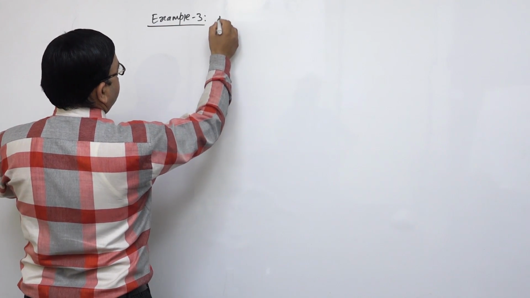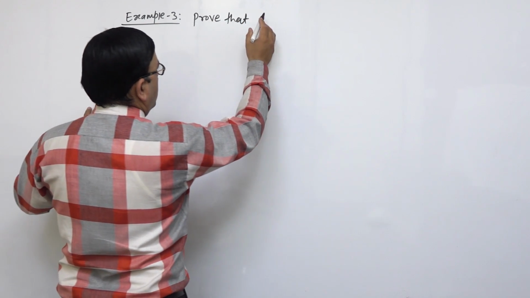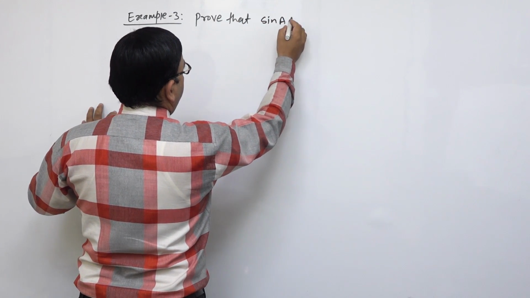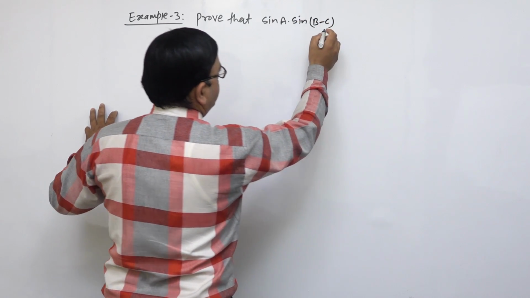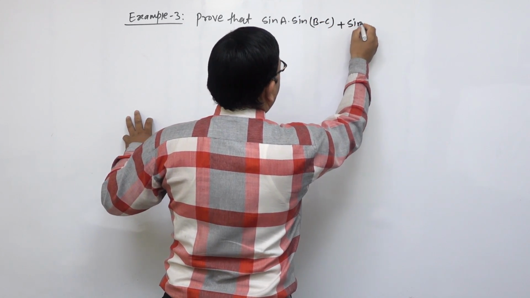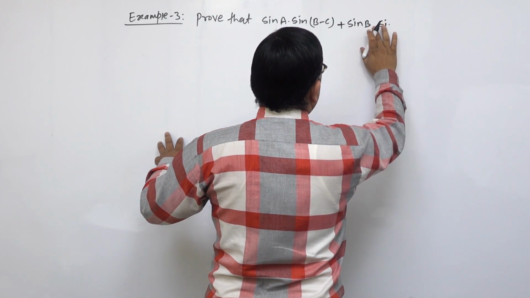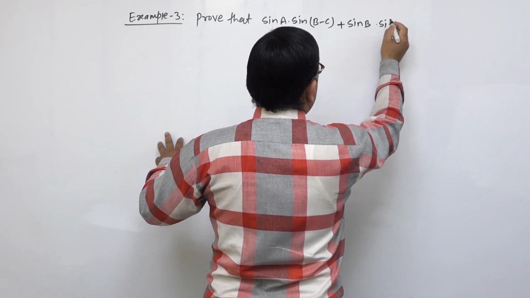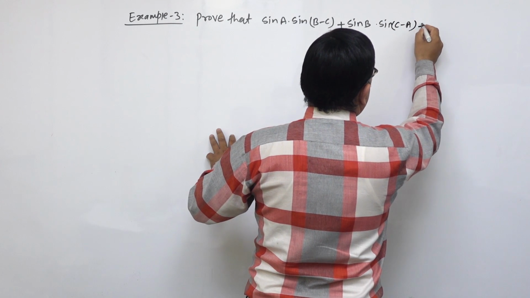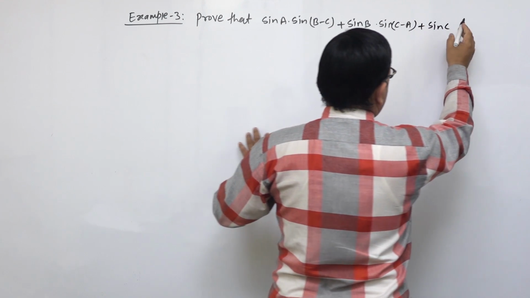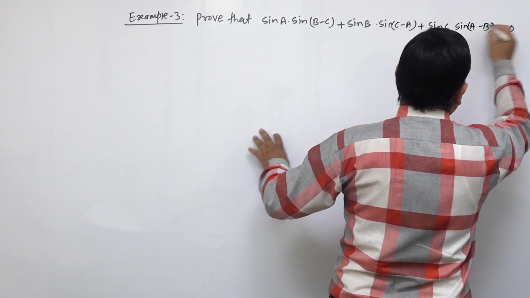Prove that sin A times sin(B minus C) plus sin B times sin(C minus A) plus sin C times sin(A minus B) is equal to 0.